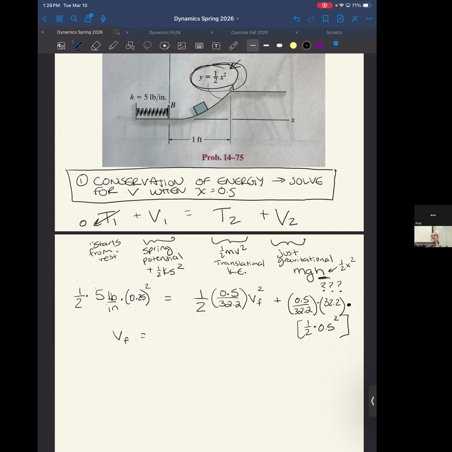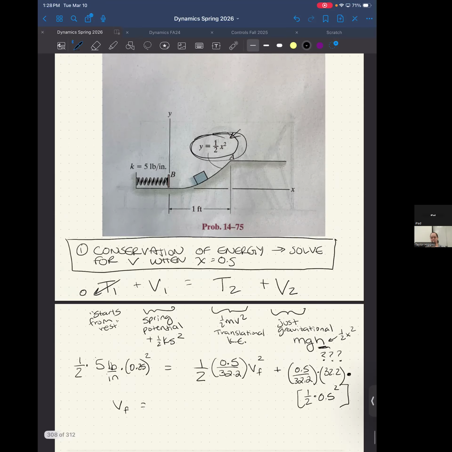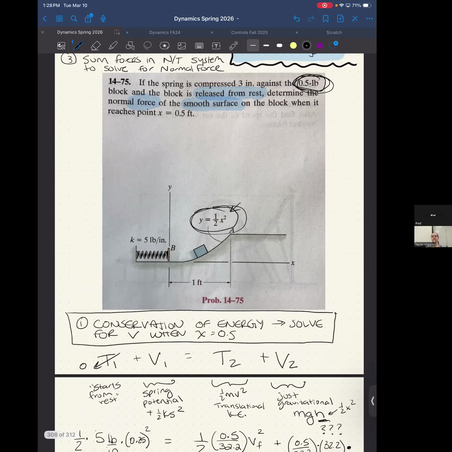Yep, question? So we're switching back to feet because gravity is in feet per second? Yeah, okay, yeah. So we really should move to feet instead of going to inches because of the gravity being 32.2 feet per second squared. You would want it to be there, all that. Yeah. Yep.